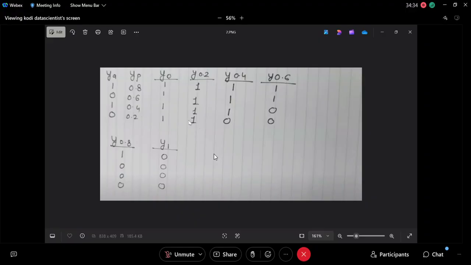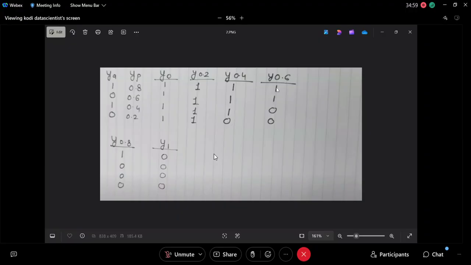That's why I mention it as 1. Online team, do you understand or not, guys? These values are 20%, 40%. 80 is greater than 40%, guys, so 1. 60 is greater than 40, 1. 40 is greater than or equal to 40, 1. But 20 is not greater than 40. That's why we impute it with 0.